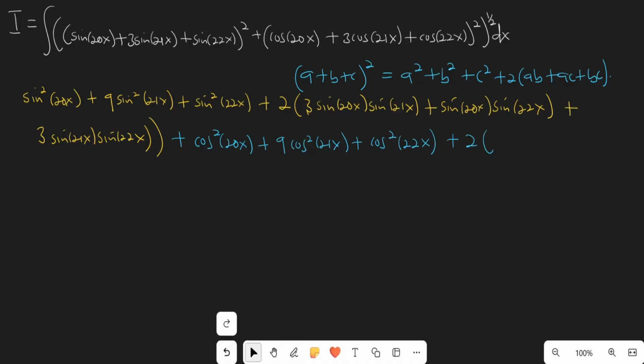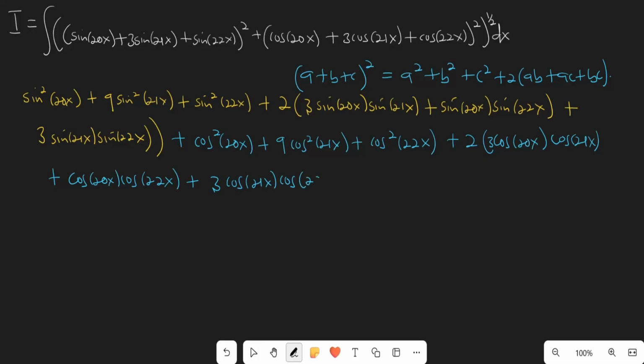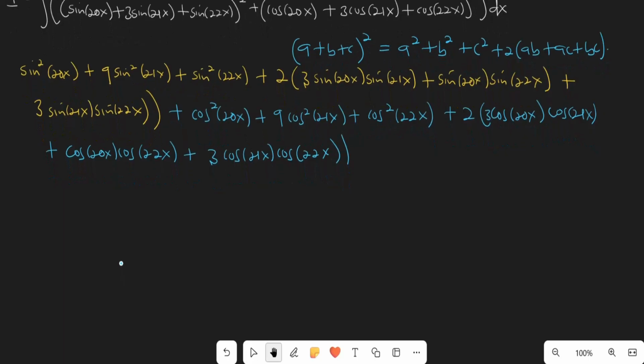That is the cosine of 20x multiplied by 3 times the cosine of 21x, plus this times that, the cosine of 20x multiplied by the cosine of 22x. And the last one is 3 times the cosine of 21x and the cosine of 22x. So this is the expansion of our integrand.